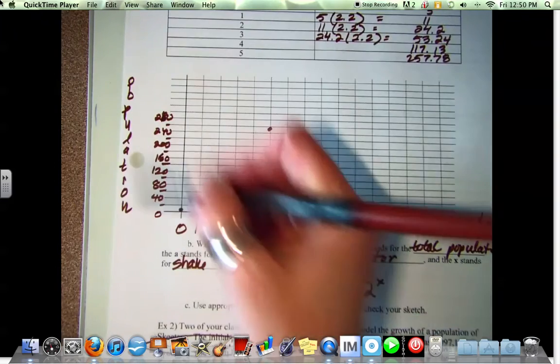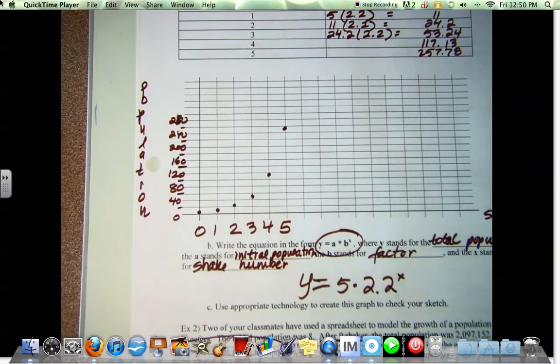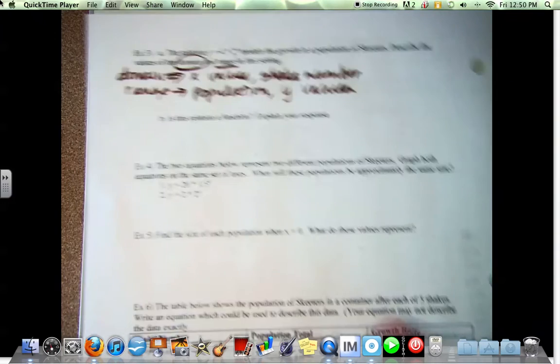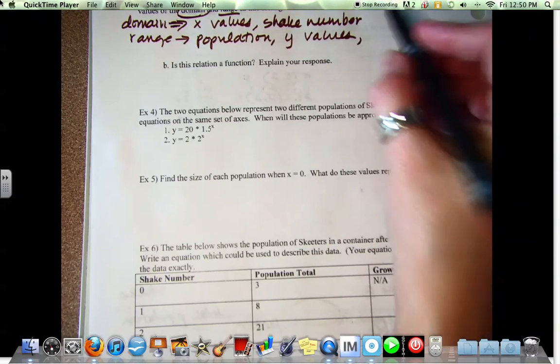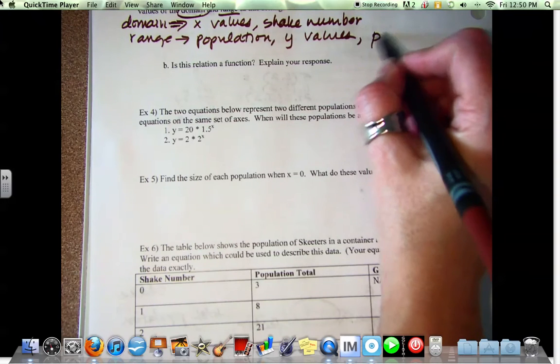Can you have any values for a population? Any, except for negative Y, because you can't have a negative person. Okay. So that means that your population is always going to be positive.